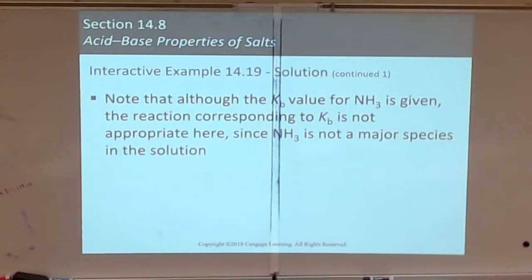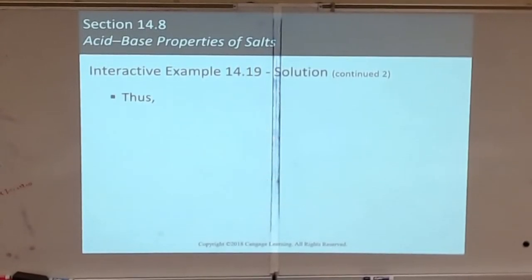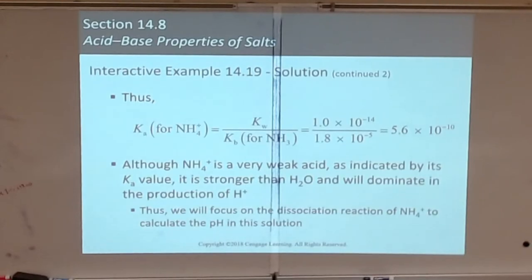Important thing to note. All right, the given value for Kb is used to calculate Ka for NH4+. And we use the same relationship. This is the same math. So the Ka for the ammonium ion is Kw over the Kb for the NH3.